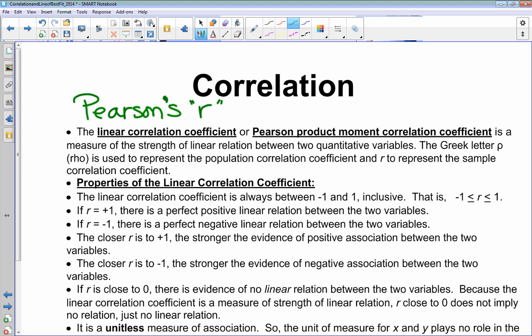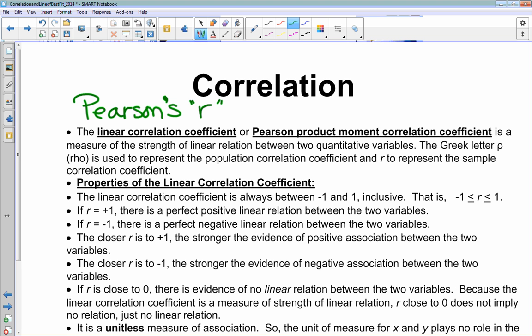It's really something I'm never, ever going to ask you to do. It's on your formula sheet, actually, if you're interested. It's R equals, it's right here. You can see this formula. That is the formula to calculate the correlation. It tells you how the variables are related, or how strongly they are related. I will never ask you to calculate it by hand, ever. It's not necessary.